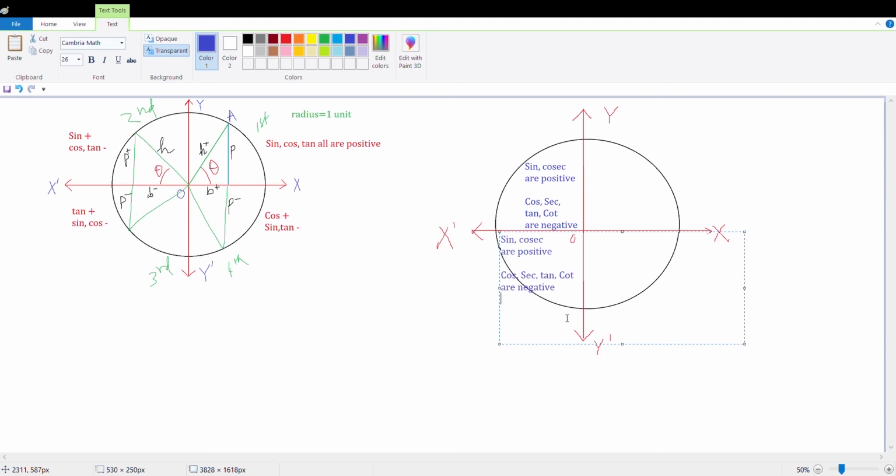On third quadrant, tan, cot are positive, and sine, cosec are negative.